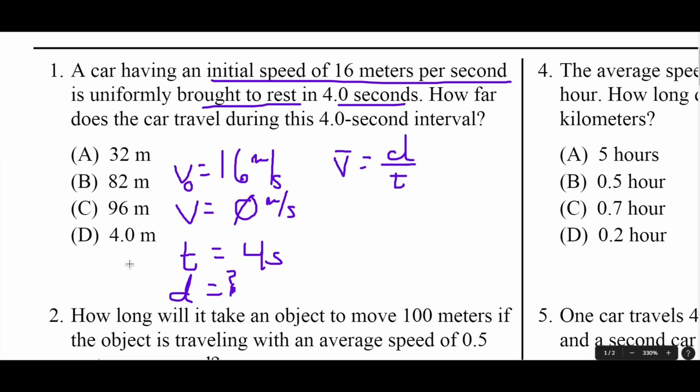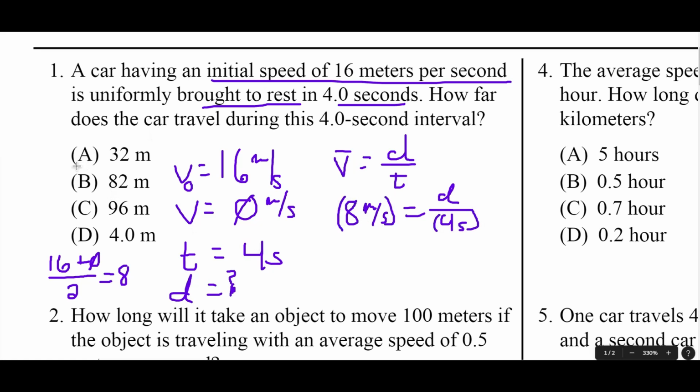So we almost have to take a quick side equation first and do 16 plus 0, initial plus final, divided by 2, just taking the average of two things, and we end up getting 8. So my average speed is going to be 8 meters per second. The distance is the unknown, and the time is going to be 4 seconds. Plug this all in, and we end up getting that the distance traveled is going to be 32 meters.